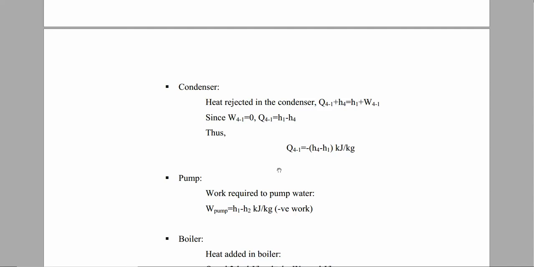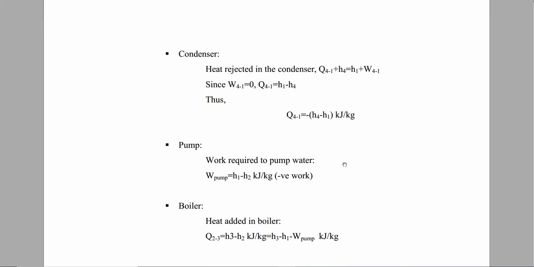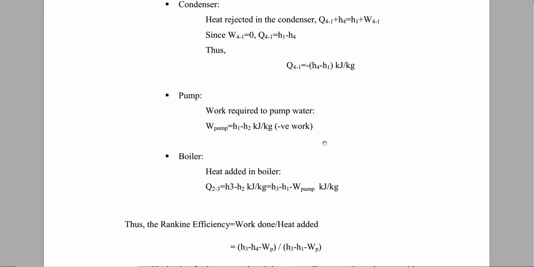Since the 4 to 1 work done is equal to 0, the heat Q4-1 is equal to the enthalpy of process 1 minus the enthalpy of process 4. Thus Q4-1 is equal to minus (H4 minus H1). That implies the enthalpy change in process 4 to 1.